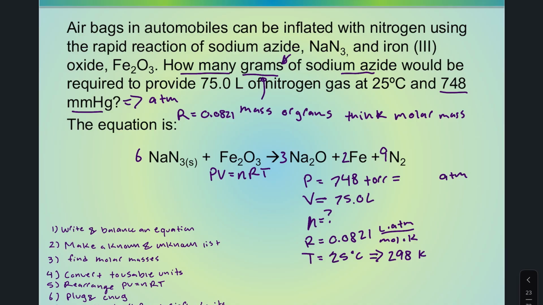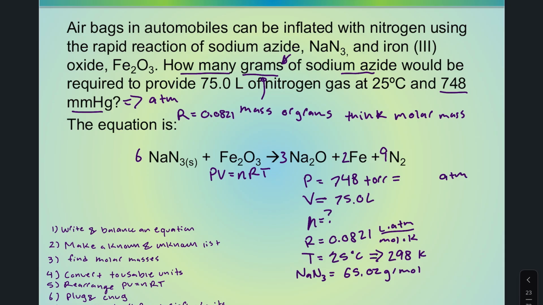We have the molar ratio of nitrogen and sodium azide, but we don't have the number of grams, and so we need the molar mass of sodium azide. NaN3 is equal to 22.99 plus 14.01 times 3, which gives us 65.02 grams per mole. Okay, we'll use that later. We don't need it quite yet, but that's step 3.